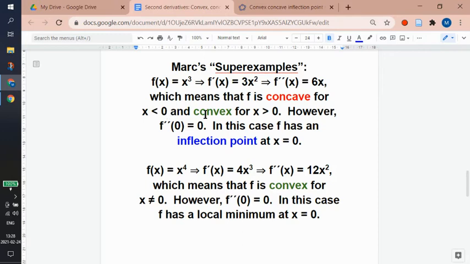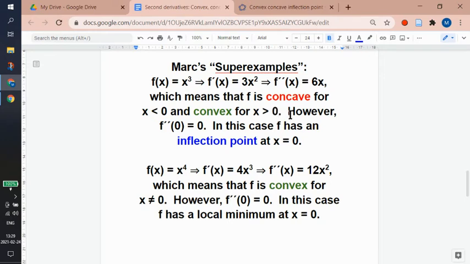Similarly, when x is positive, 6x is also positive, so the second derivative is positive, and f is convex whenever x is greater than 0.